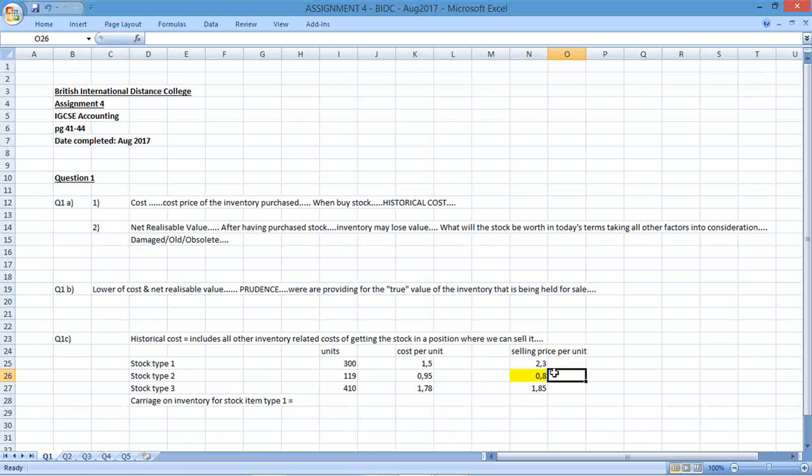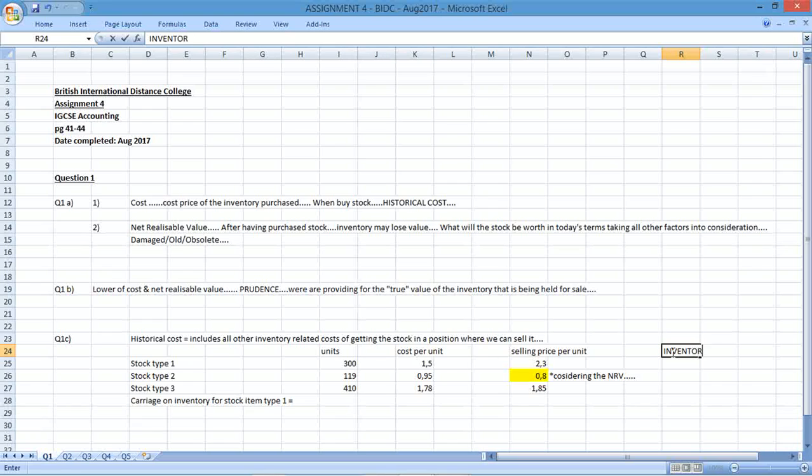So, considering the net realizable value, we would have to record the stock at the lower of the cost or the net realizable value. So I'd be recording it at the selling price because I'm not going to be selling it at a greater amount than the initial cost price of 0.95. This inventory has probably become obsolete or damaged, and therefore we can't sell it at a higher price than its current cost per unit.